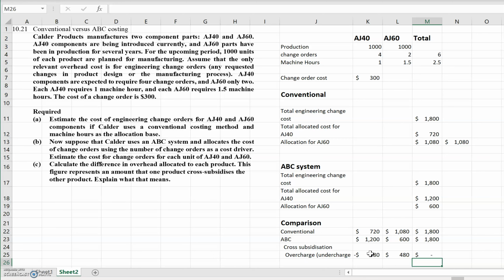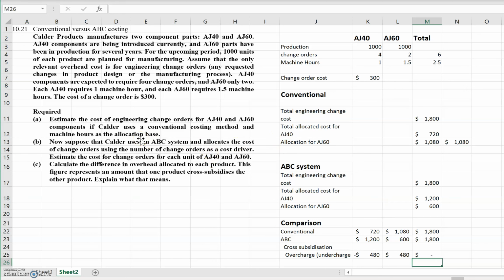You really need to look carefully at how the overheads are allocated, because you don't want to drop a product line where you think you're spending too much on the overhead, when in fact you really aren't. It's because one product is cross-subsidising another. And this is one of the great benefits of the ABC system.